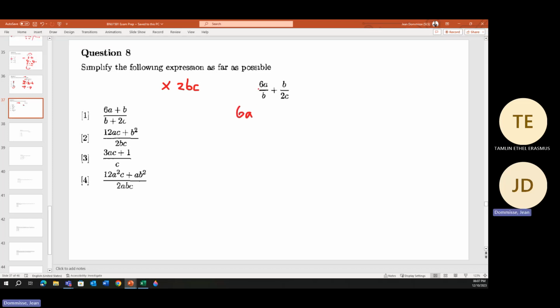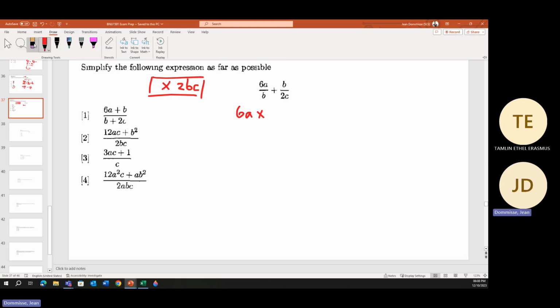Okay, so we will have 6a. Ah, okay. So look at that. We're going to use it for the B, and then we're going to use it for the C. Okay. It took me some time.